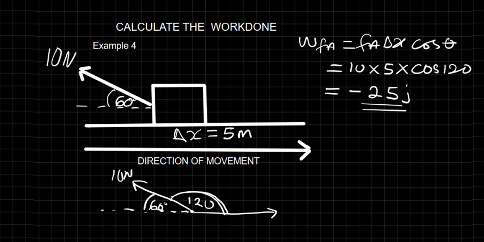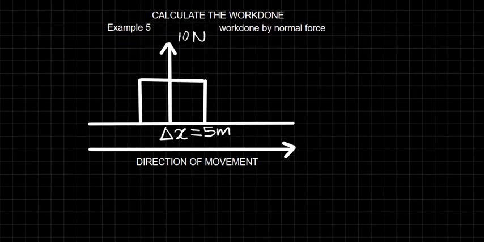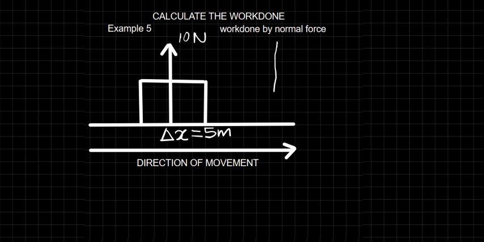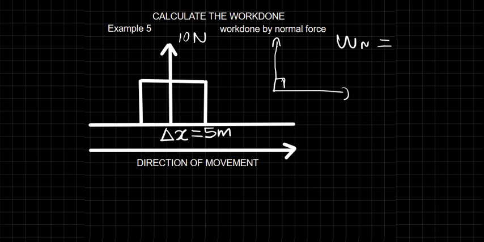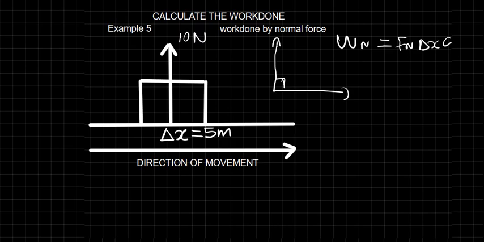Now the next question, work done by the normal force. The normal force acts at 90 degrees. It acts perpendicular to the surface. So looking at the normal force and the direction of movement, we can see it forms an angle of 90 degrees. To calculate the work done by the normal force, we take the normal force multiplied by the displacement and then cos of theta.